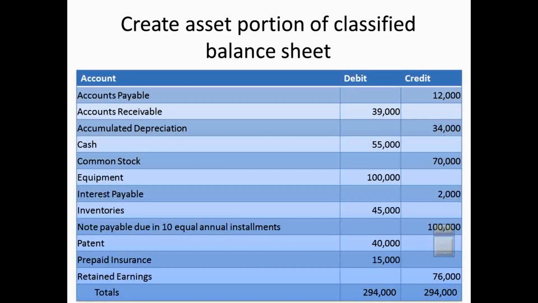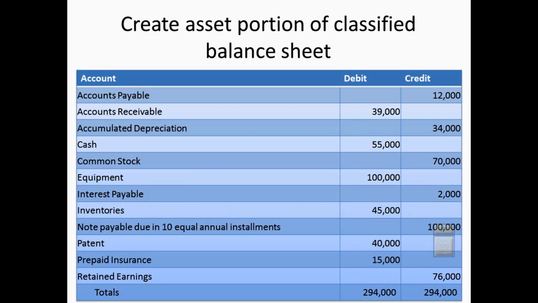We want a classified balance sheet, which means we start out with assets, then current assets, and we list them in order of liquidity. Moreover, we pool together common kinds of assets like property, plant, and equipment. So we might see machinery, land, buildings. Those should all end up in one category at the end.